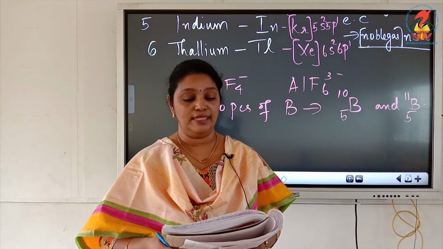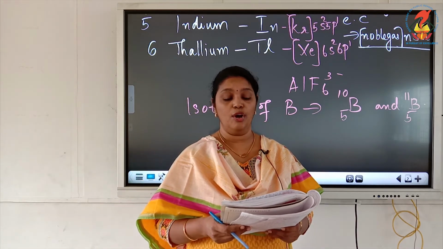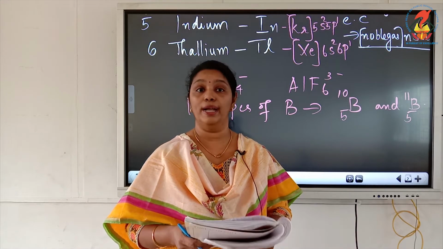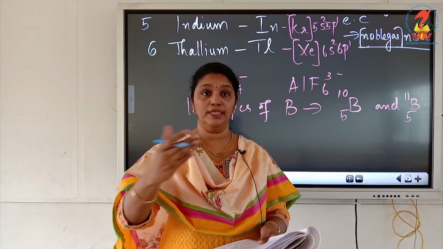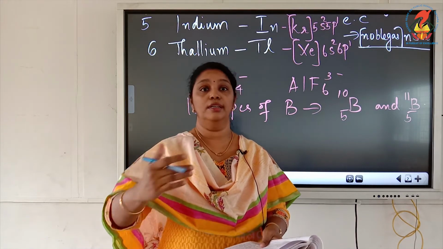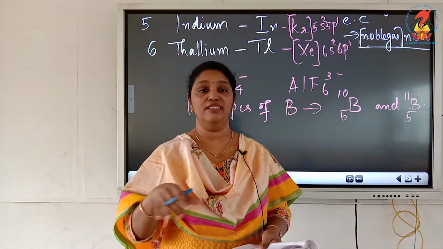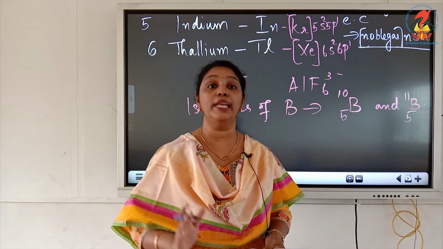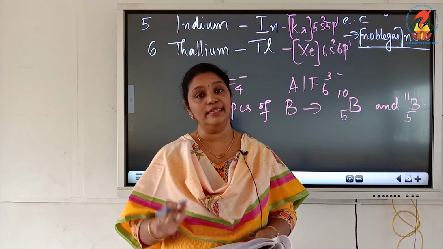Now next question, atomic radius of group 13 elements is smaller than group 2. Why? We know that group 13 comes after group 2, then after 2, groups 3 to 12 are the transition elements, then we have group 13 elements, and we know across the period the atomic radius decreases.